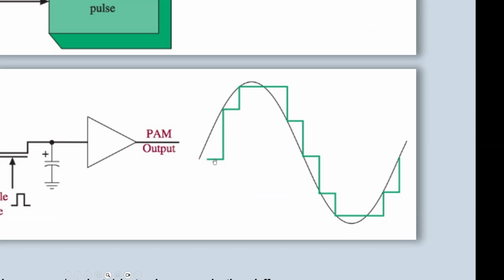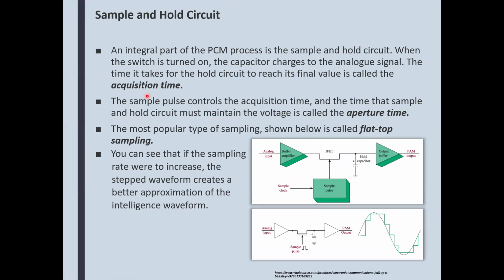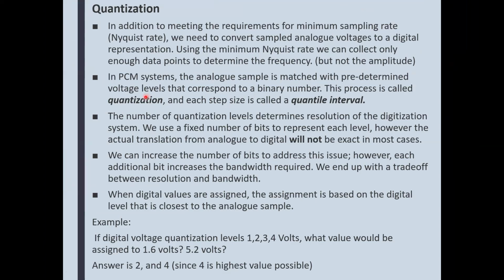If you sample a lot of times per second, then you're going to have more samples, so the resolution of the recreation is going to be more precise. So that's what this one says. The number of the quantization levels determines the resolution of the digitization system.